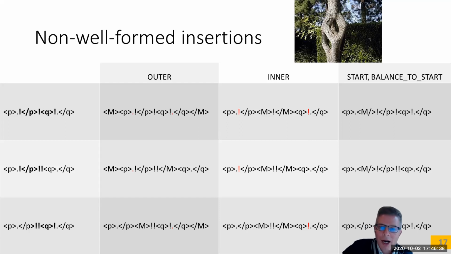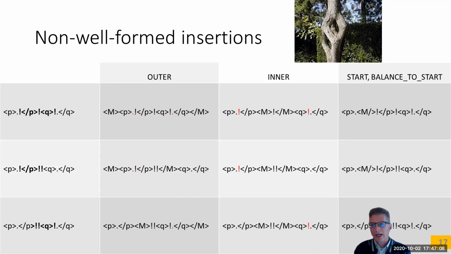So first look at the outer balancing strategy, and there we see that M now contains both P and Q and the content that was inside P and Q, apart from the exclamation mark. So that's two red dots that are there. So M has been expanded to contain more than it was meant to contain.